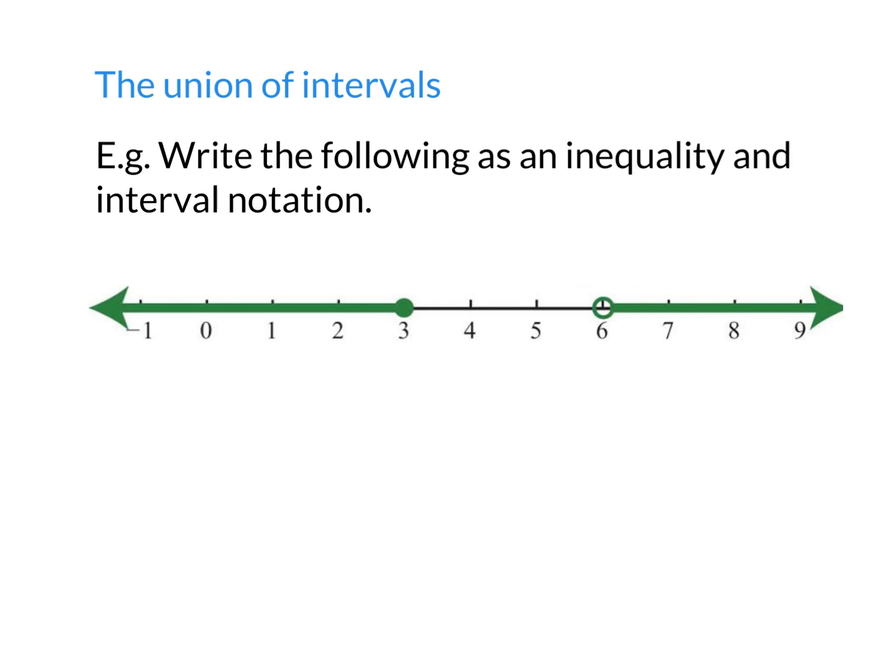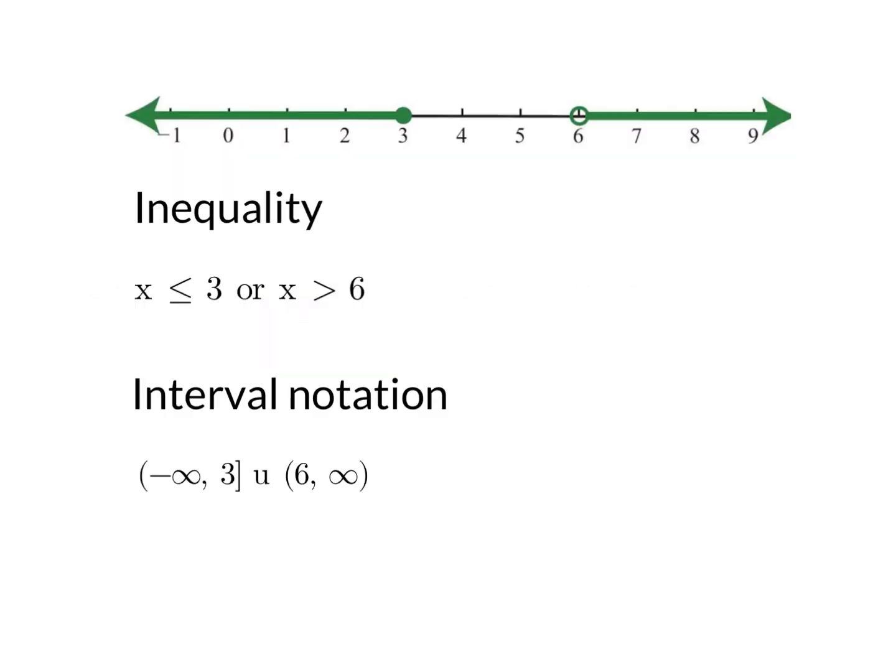So we did look at interval notation for inequalities, and we're just going to add to that with the union of intervals. So where we've got opposite ends and how we write that as an inequality and then as interval notation.